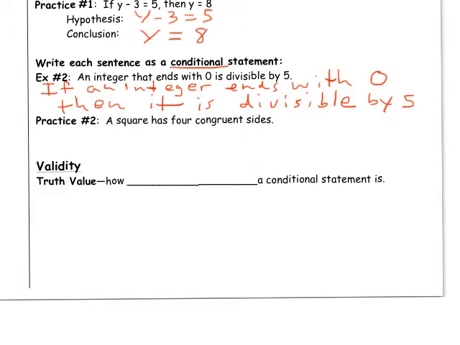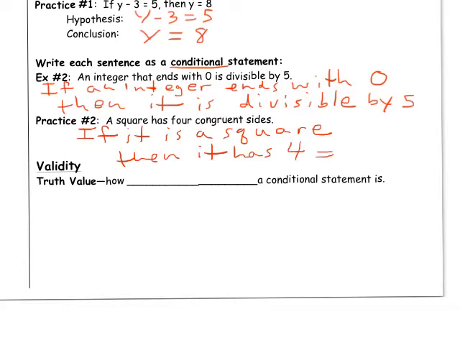So what I want you to do is go ahead and do that with the next statement, practice number 2. It says a square has 4 congruent sides. Go ahead and pause the video now. Okay, you should have gotten something like this. You could have said if something is a square, or if it is a square, then it has 4 congruent sides. I'm using some shorthand here.